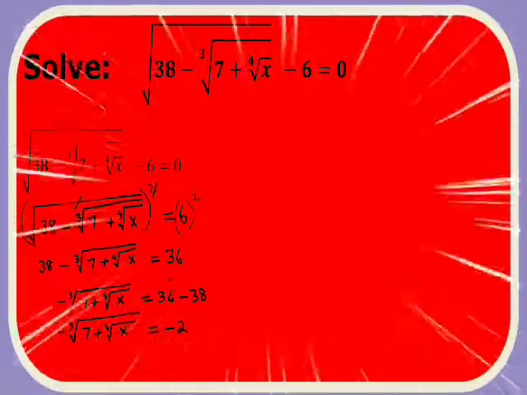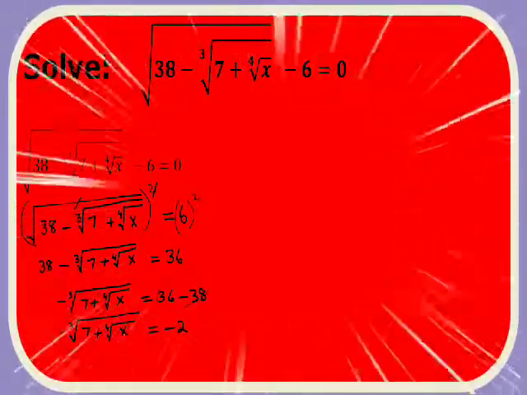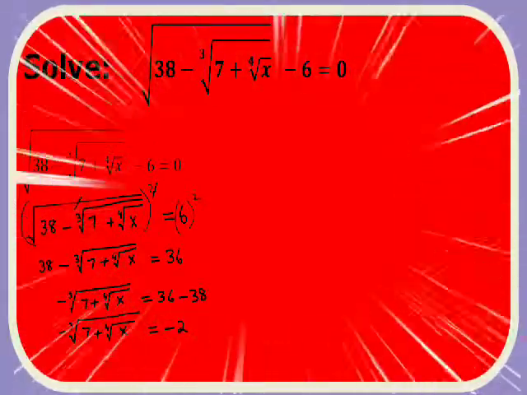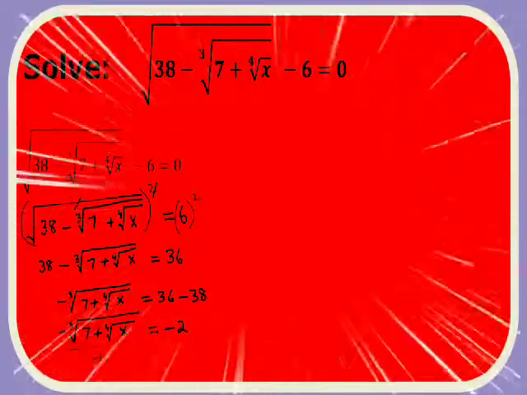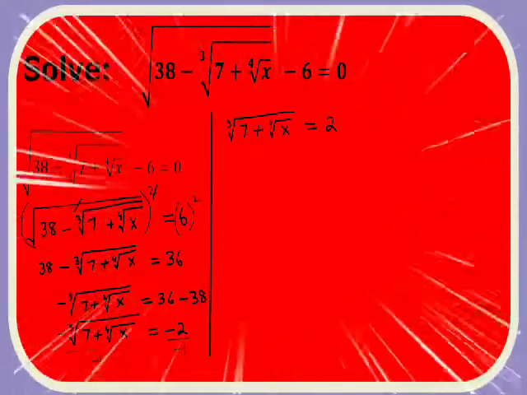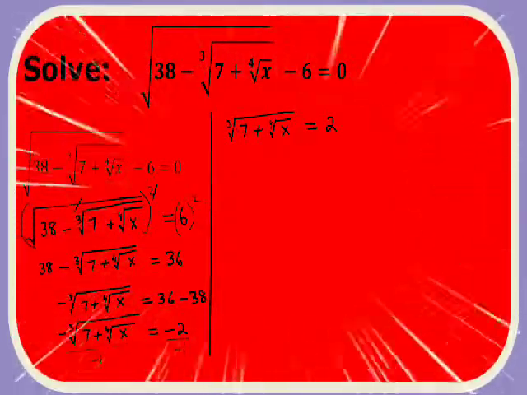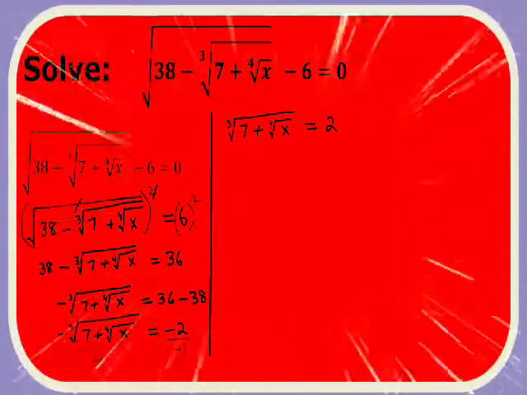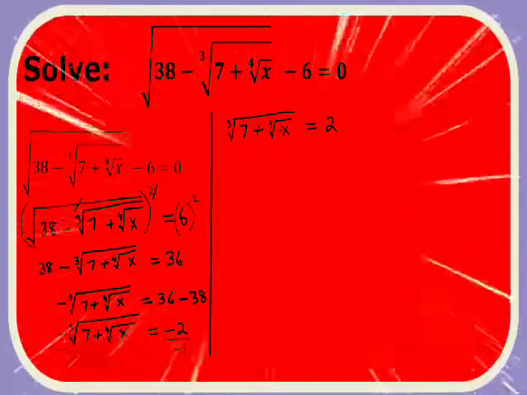On the right hand side, we got simply -2. Now, as you can see, we got negative signs on both sides, so I can remove those negative signs by just dividing both sides by -1. And now on the right hand side, you can see we no longer have a negative sign.